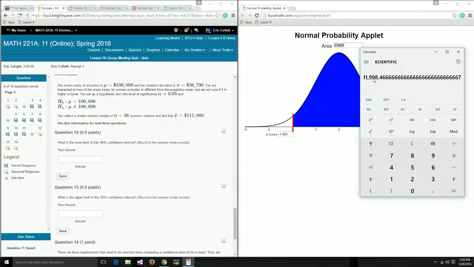But round up to 99? I'm not sure. We can still do the calculation to the end, because it says round to a whole number. Oh, right. So we need to minus this from 111,000. We're doing the lower limit first. So 111,000 minus that number. I got 99,002.